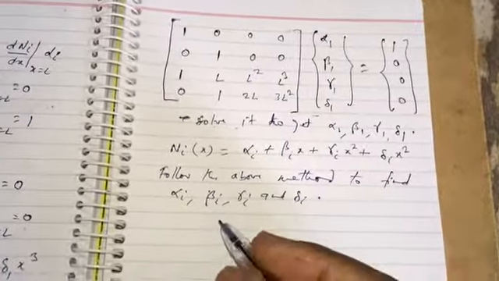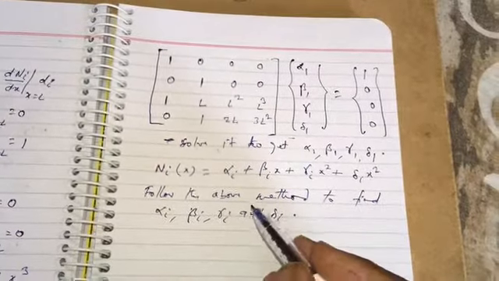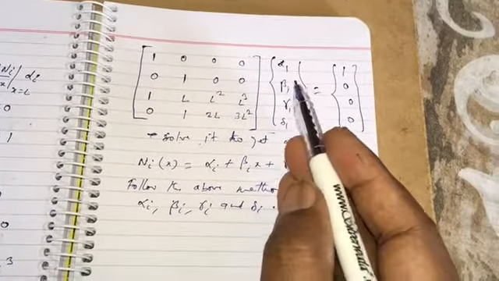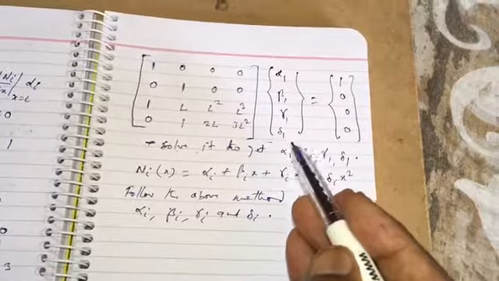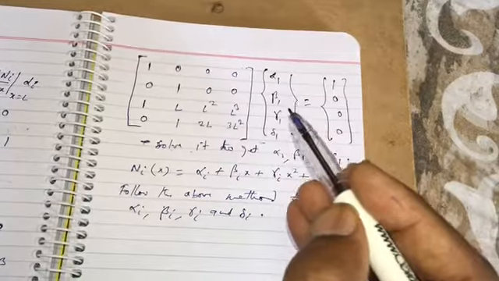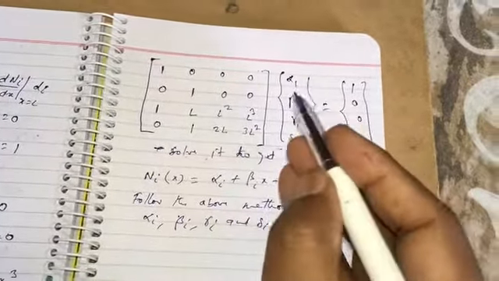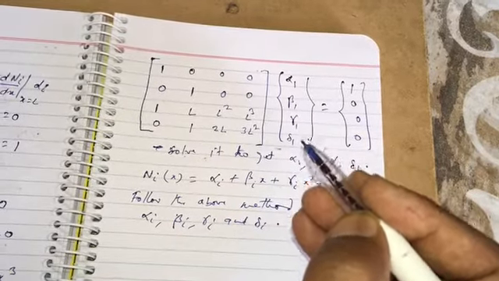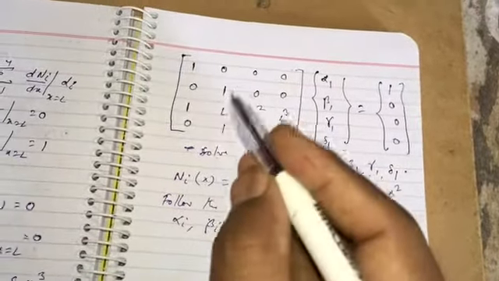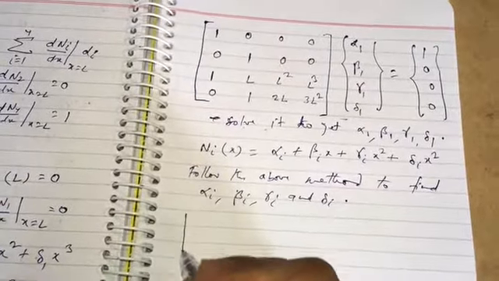So here we will just see, if you really want to solve in this method, then what will be the other equation which will solve alpha i, beta i, gamma i and delta i. So this is for finding out alpha 1, beta 1, gamma 1, delta 1. For finding out alpha 2, beta 2, gamma 2, delta 2, this equation actually remains the same. The left side will be the same.